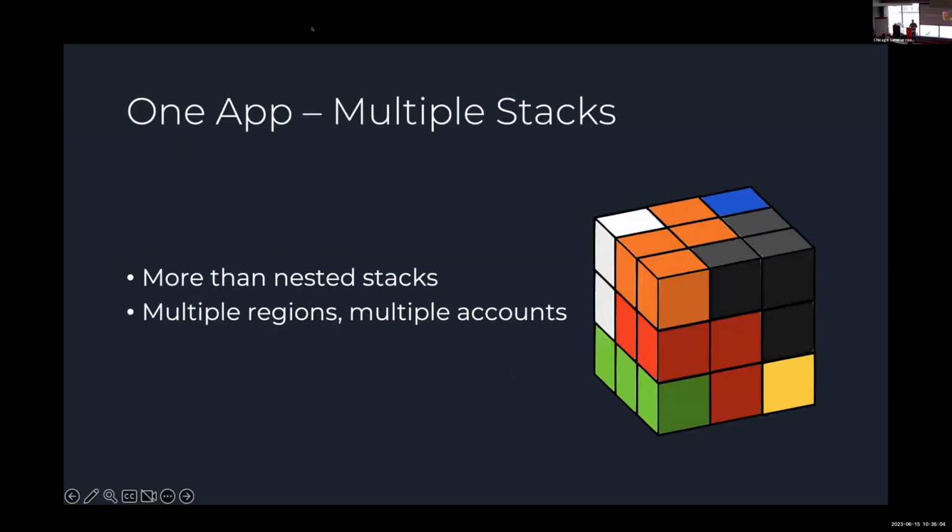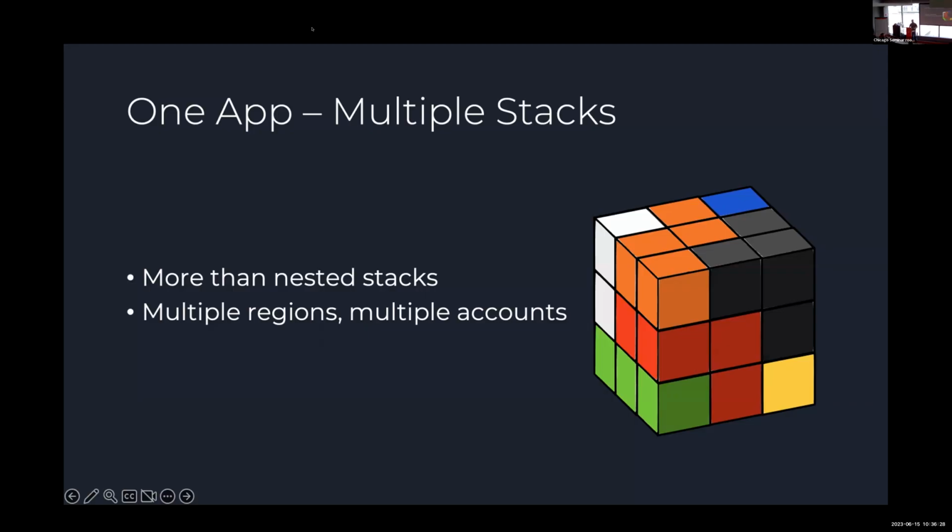With the CDK, you can have one app and multiple stacks all grouped together. Within the CDK, you're always defining that CDK app. If you're using TypeScript, it's that file in the bin directory. That's where you're defining all of the different stacks that actually can be deployed out.